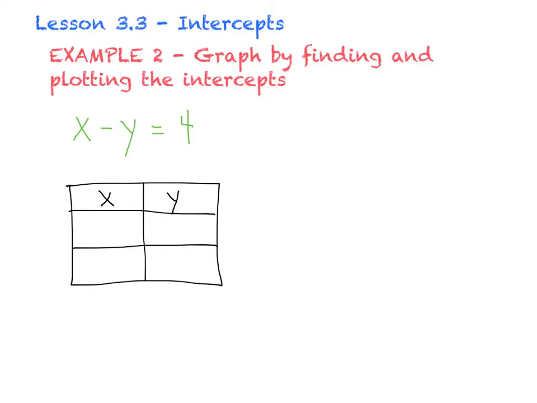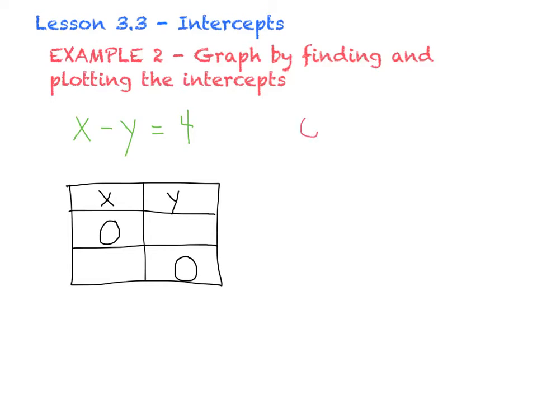So when we're trying to find intercepts, all we have to do is make x 0 and make y 0. And then it's a 2-word process: substitute and solve. So let's do problem number 1. We'll make x 0.